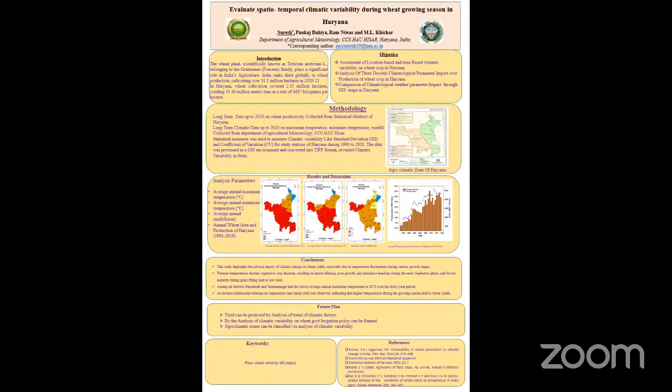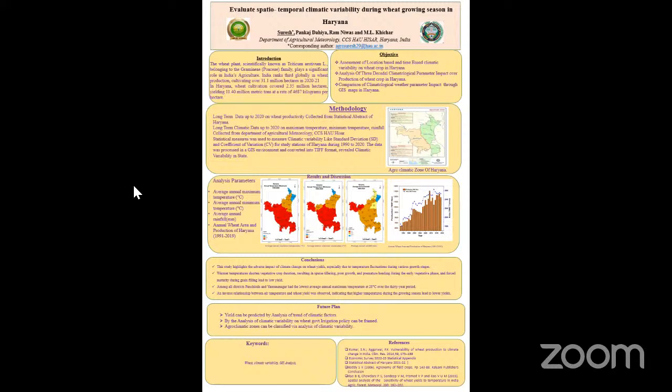We collected it from the Department of Agricultural Meteorology, and to compute the climatological variability, we have used statistical measures like standard deviation and coefficient of variation from 1990 to 2020.